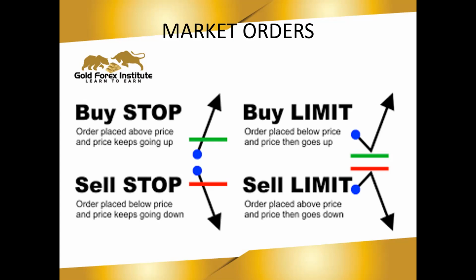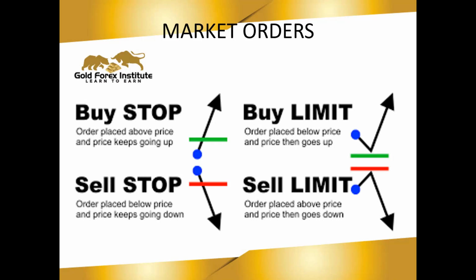Mostly, if you have time and you are sitting by your computer or your smartphone, we normally use market execution. That one, if you just click, your order will be in the market. But where you use the buy limit, buy stop, and all that, if you will not be around, that is where you set it.